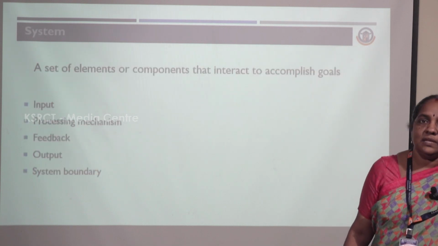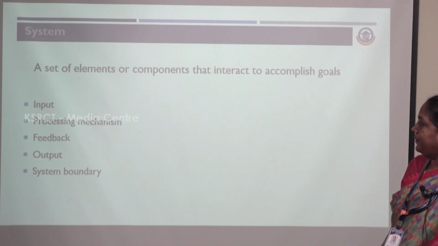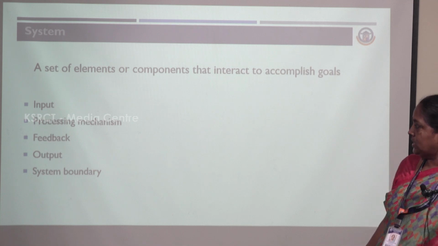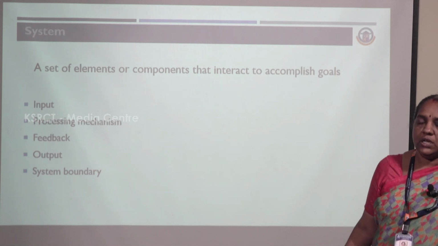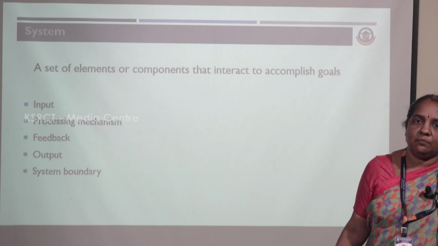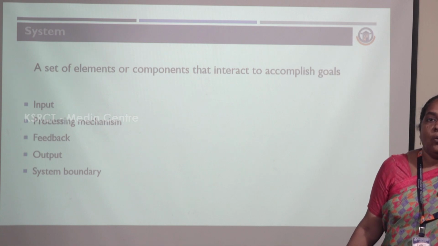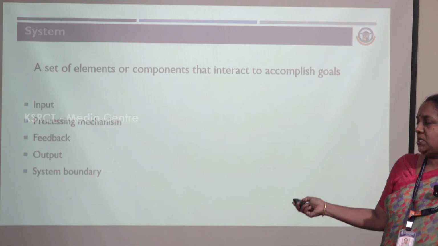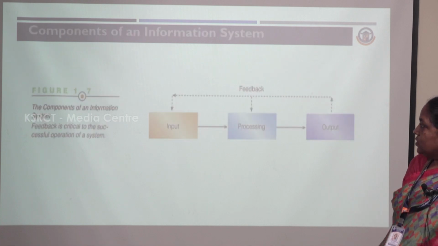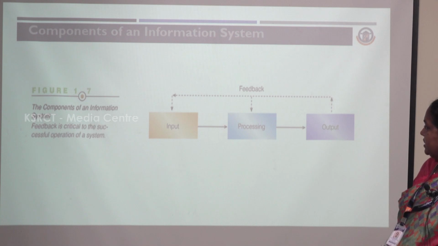A system consists of a few components: input, processing mechanism, feedback, output, and system boundary. Whatever the type of system, whether a computer system or a mechanical system, these components are very important. Here is a small diagram which depicts the components of the information system.